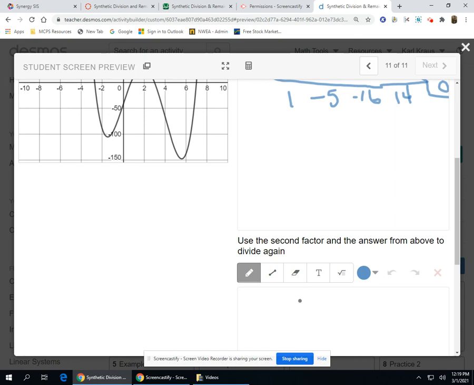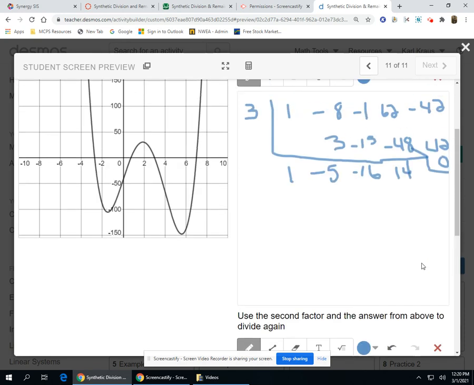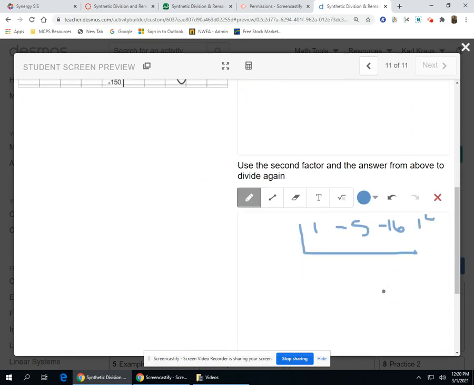So you want to take this result here, 1, negative 5, negative 16, and 14. And the other 0 is 7.